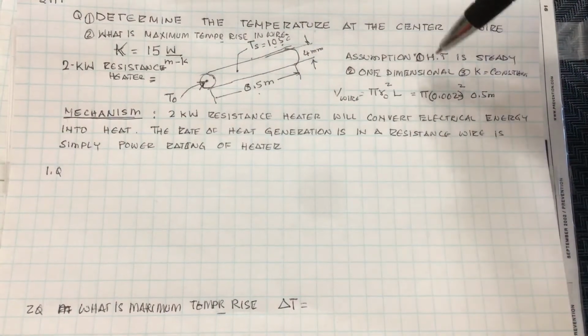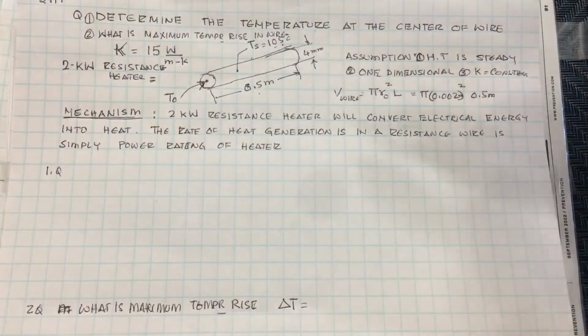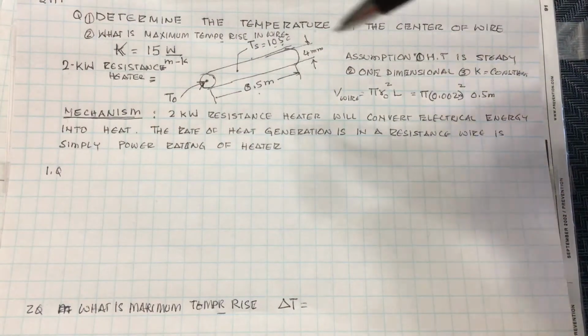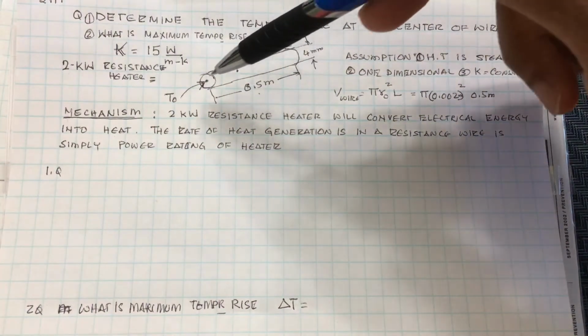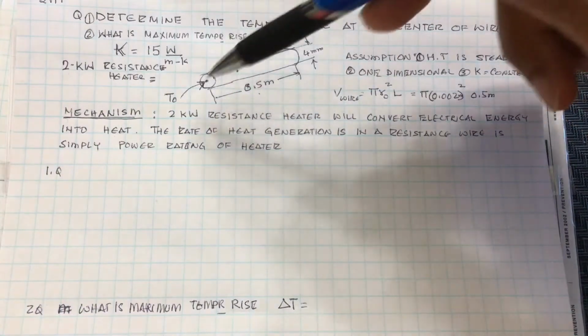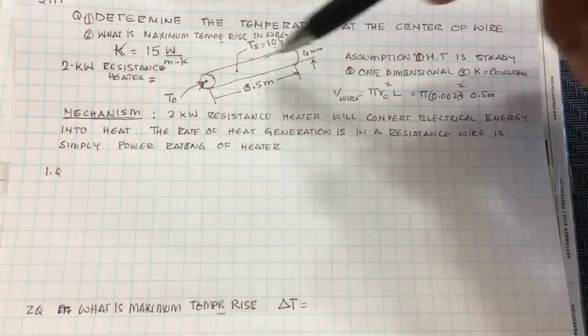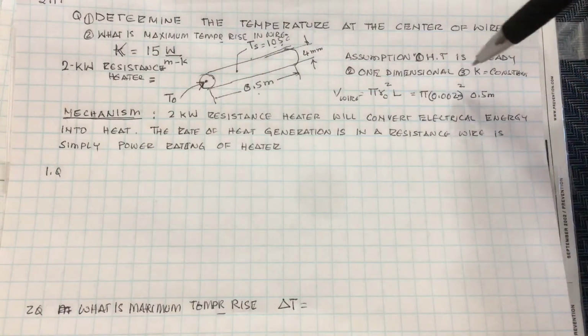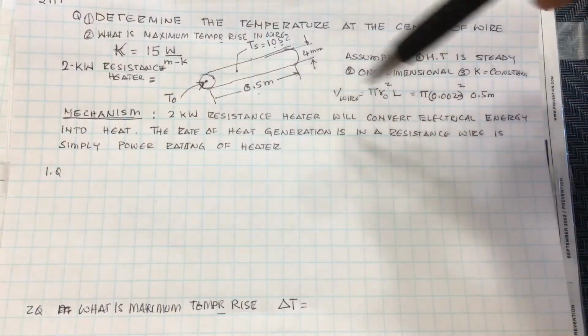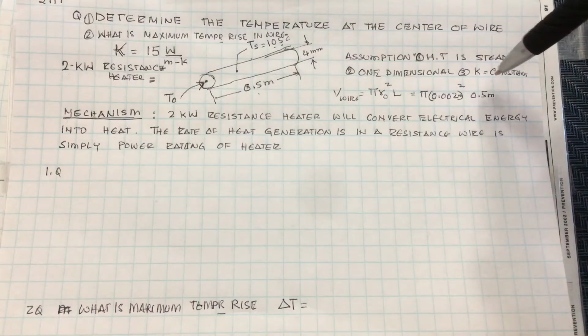What are the assumptions? Heat transfer is steady throughout the wire. It's a steady, one dimensional heat transfer, because it's cylindrical, and the direction of heat is from the center to the outer radius, which is perpendicular to the surface area, and K, the thermal conductivity, is constant throughout.